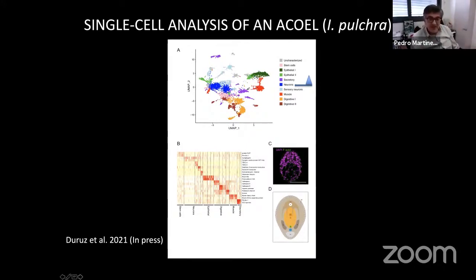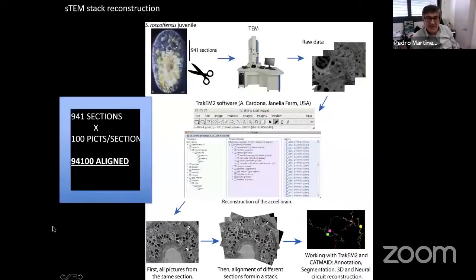And for this, there is only one way to do it, which is serial TEM sectioning, meaning taking your animal and sectioning ultra thin sections from one tip of the animal to the other tip.